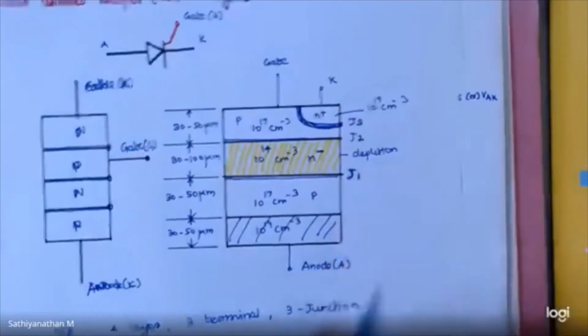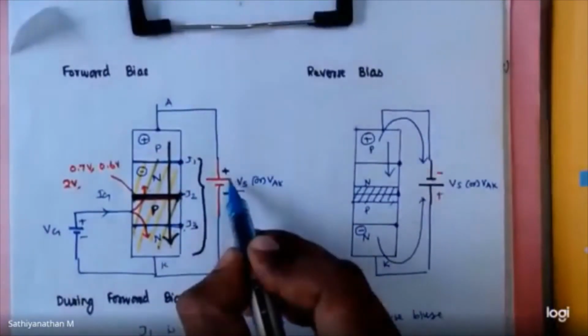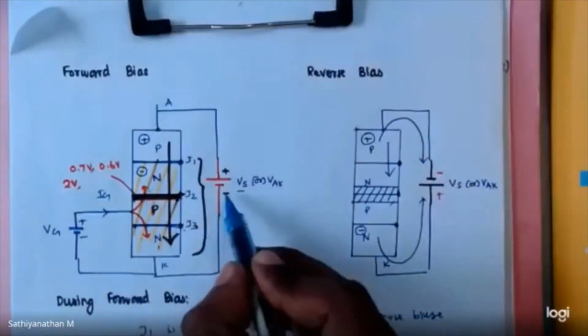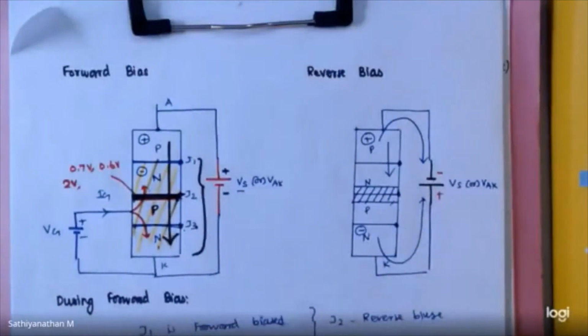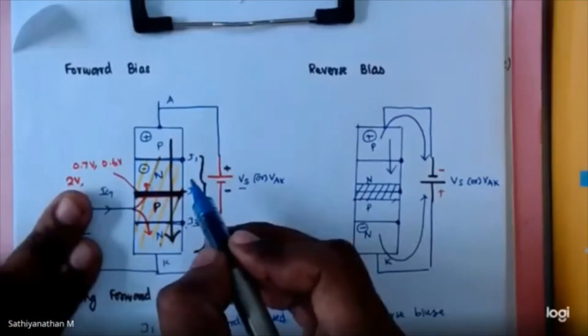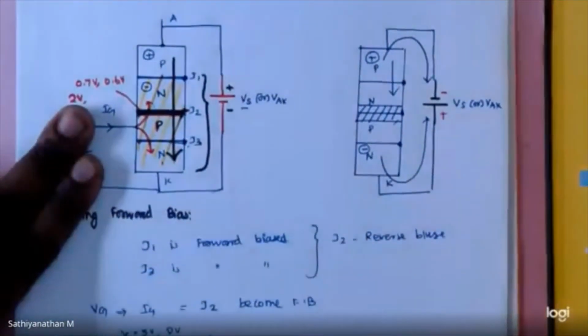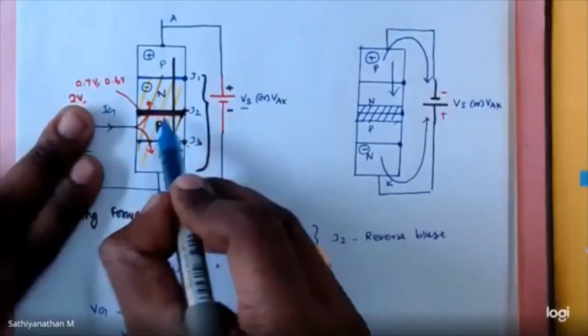During forward bias condition, when your supply voltage is connected to the anode and negative is connected to the cathode, without gate voltage, junctions J1 and J3 are in forward bias condition, and J2 is in reverse bias condition because it has P and N layers.